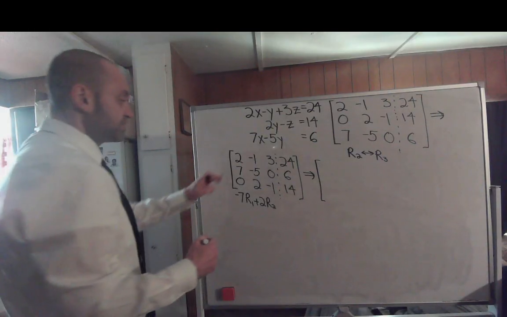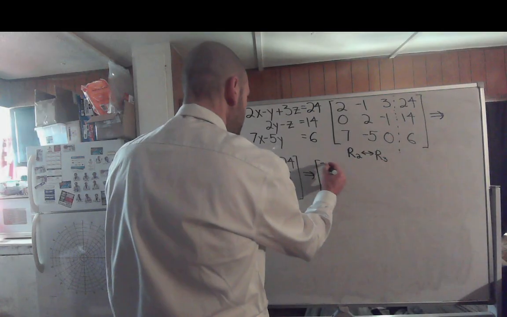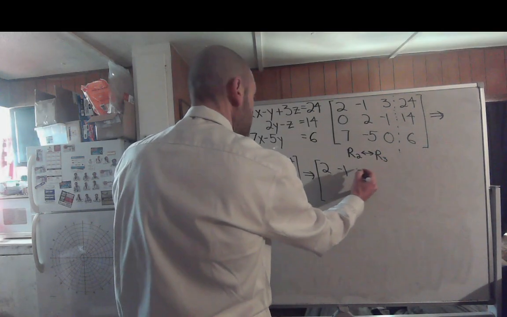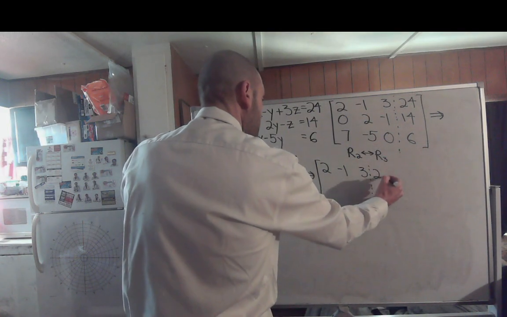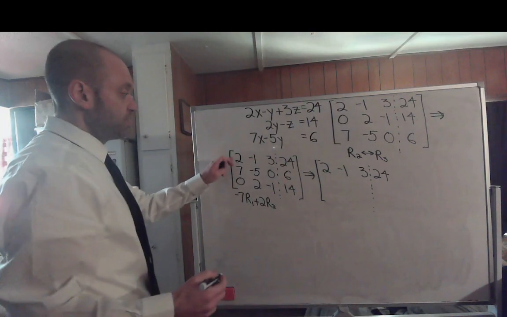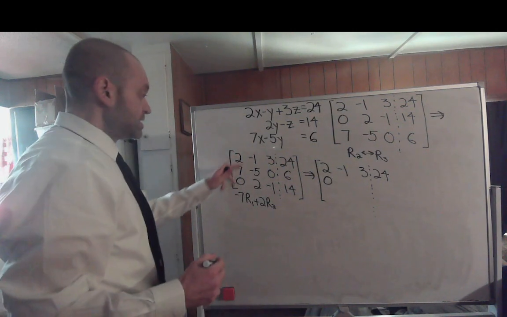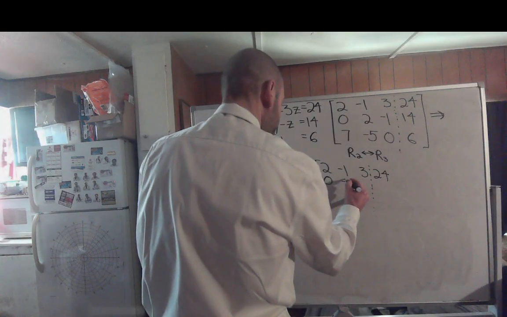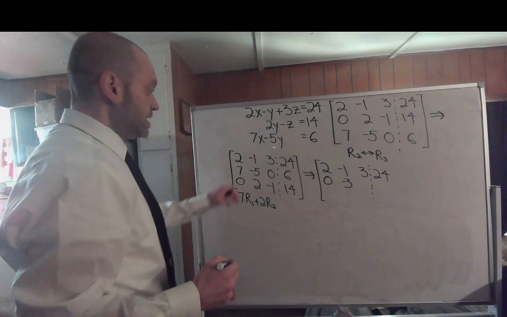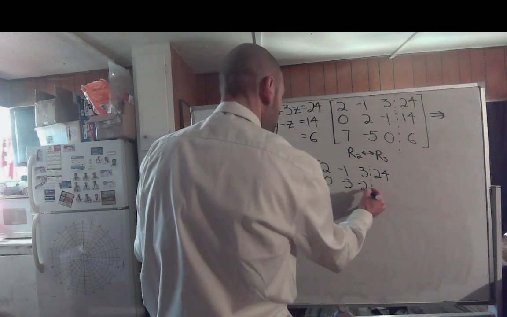So negative 7 times 2 is negative 14 plus 4. Well, wait, I need to write out my row 1, duh. I'm jumping ahead here, forgive me. Alright, so this would turn into negative 14 plus 14 is 0. 7 minus 10 is negative 3. Negative 21 plus 0 is negative 21.